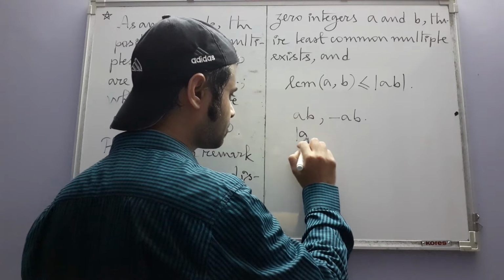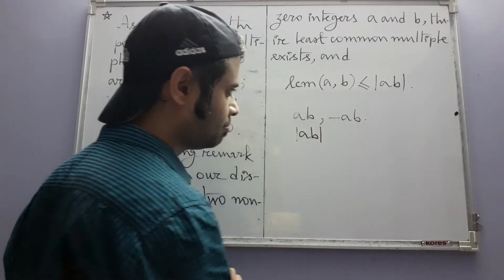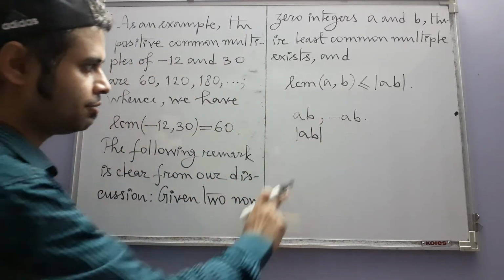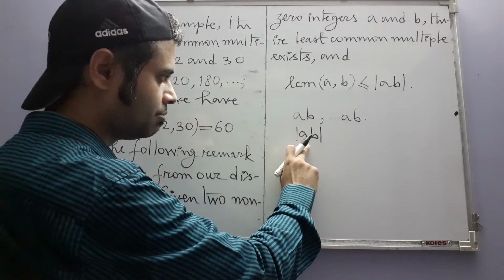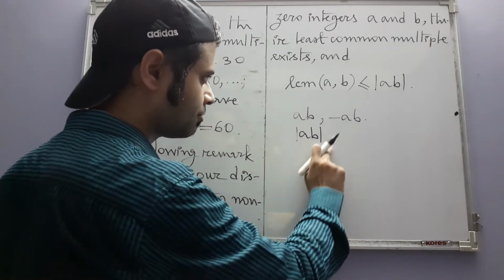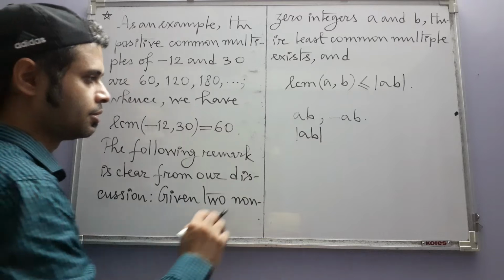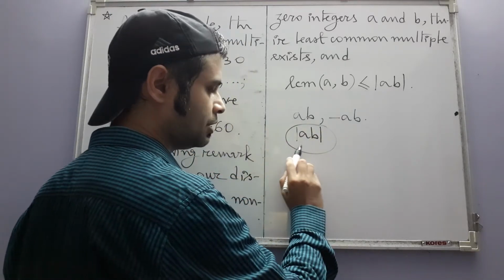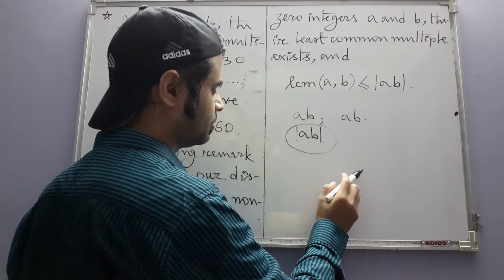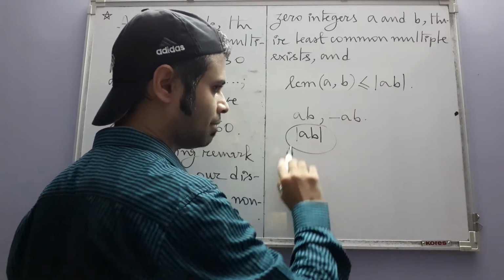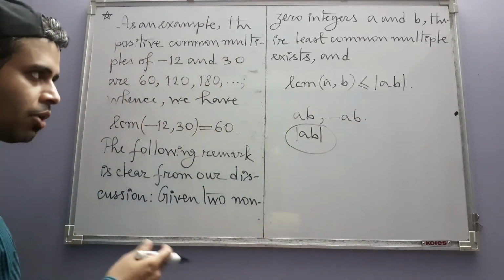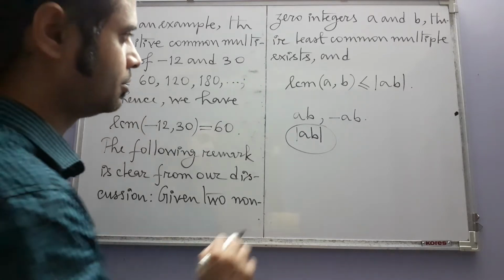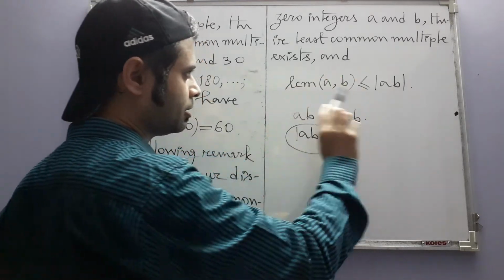So that one of course will be the absolute value of AB. If AB is positive, this is equal to AB. If AB is negative, then this absolute value is equal to minus AB. So that means this is a positive common multiple, and LCM of A and B by definition is the smallest such positive common multiple. So that's why we have this inequality.